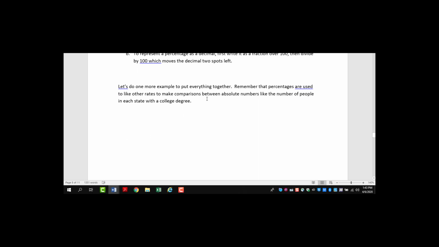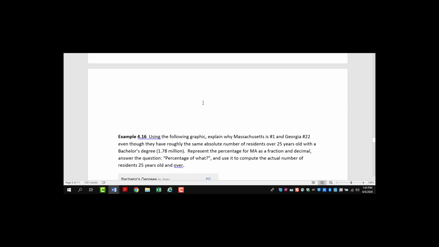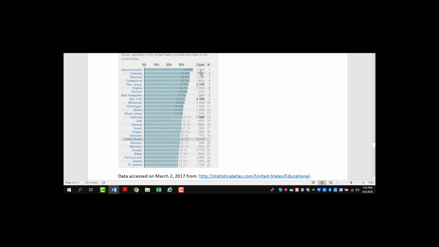So we're going to do one more example. Remember that percentages are used like other rates to make a comparison between absolute numbers, like the number of people in each state with a college degree, which is what we're going to look at now. Here's the number of people in each state with a college degree, the percent and the amount of people with a college degree.